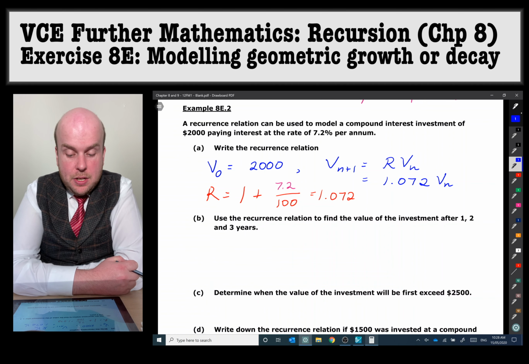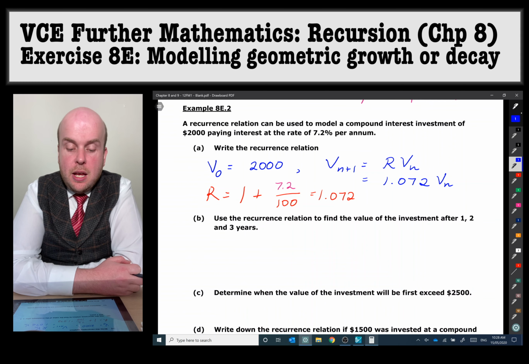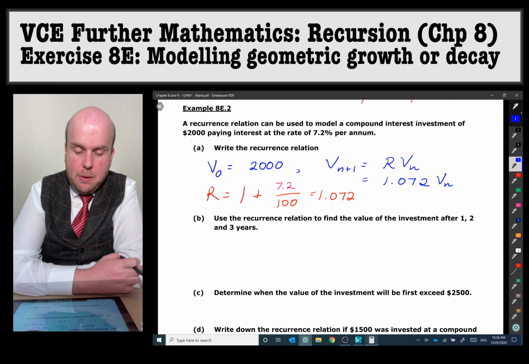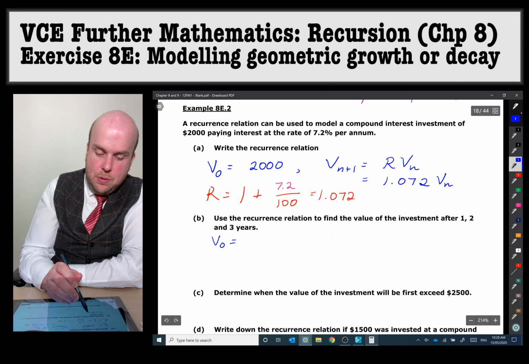Use the recurrence relation to find the value of the investment after 1, 2, and 3 years. So what we need to do is use that recurrence relation and do a substitution to find out what happens. So V0 is equal to 2,000.